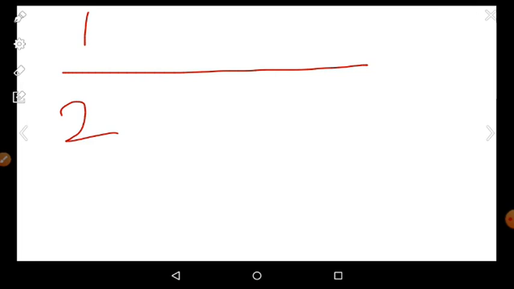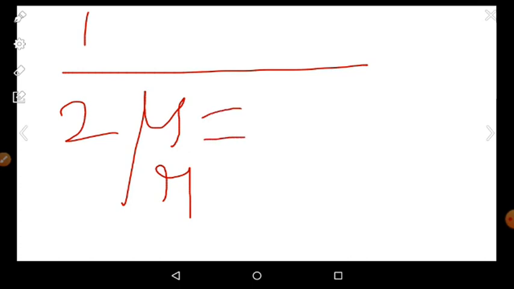Here the refractive index is not the absolute refractive index. This is called the relative refractive index. We denote it with mu r. Relative refractive index is the refractive index of a material with respect to another material.